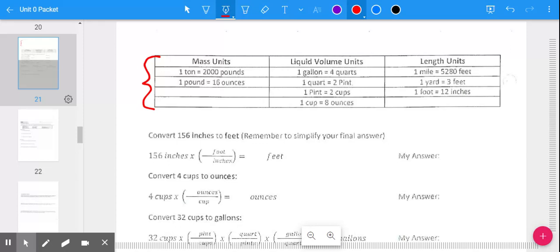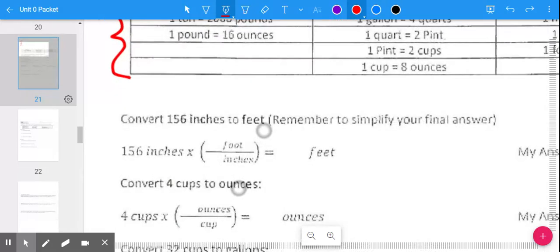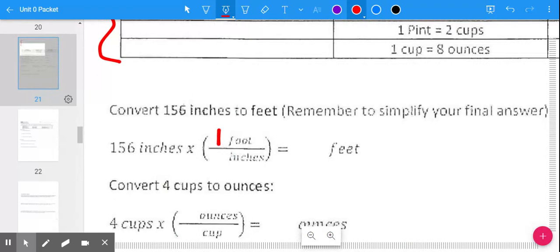When we go up to the top, it says that 1 foot is 12 inches. So down here, we put 1 foot is 12 inches. If it helps to make it a little bit more visual, anytime you have a whole number, there's a 1 underneath that fraction.